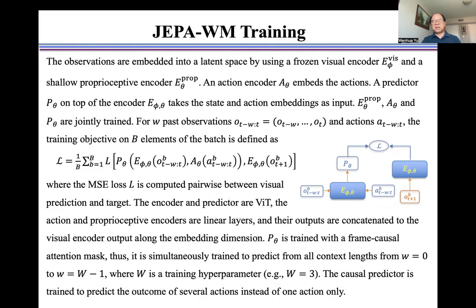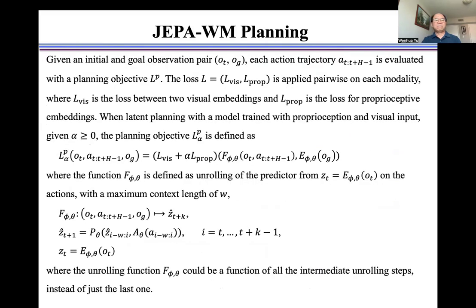P theta is trained with the frame causal attention mask, and is thus simultaneously trained to predict all context lengths from W0 to W minus 1. W is a training hyperparameter. The causal predictor is trained to predict the outcome of several actions instead of one action only.